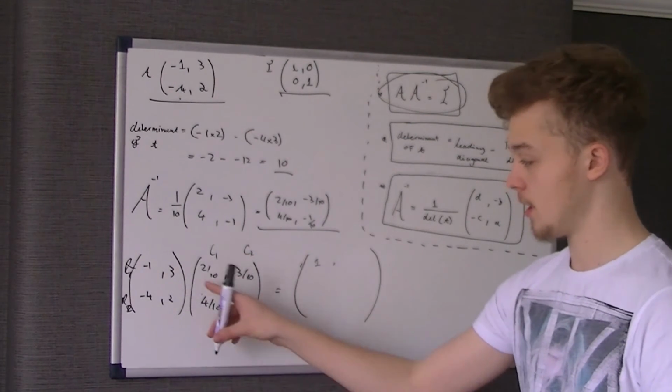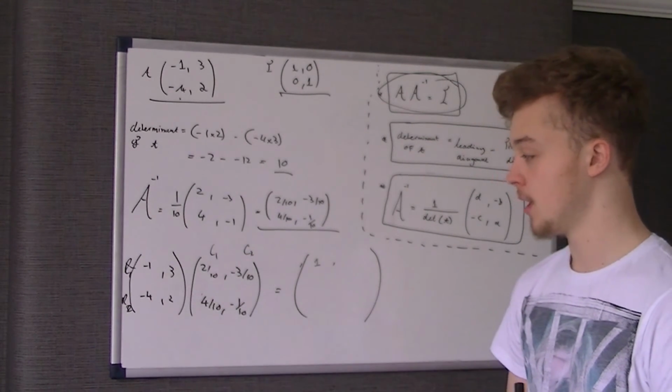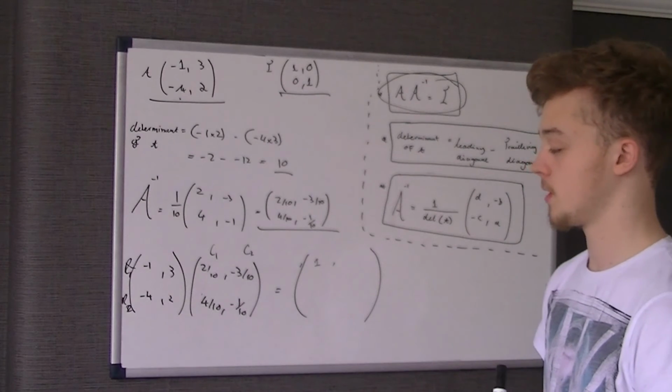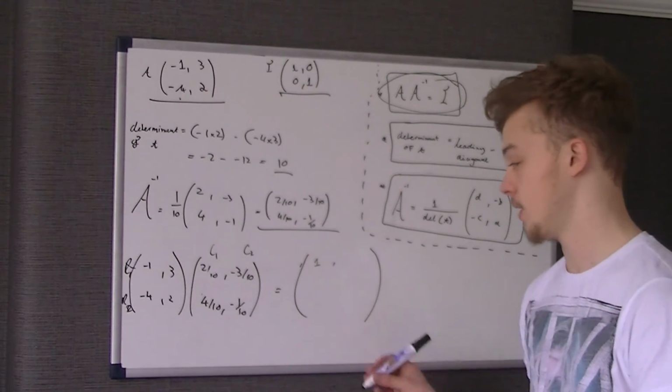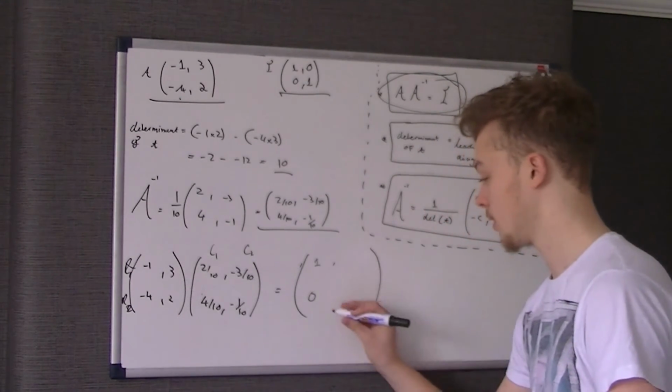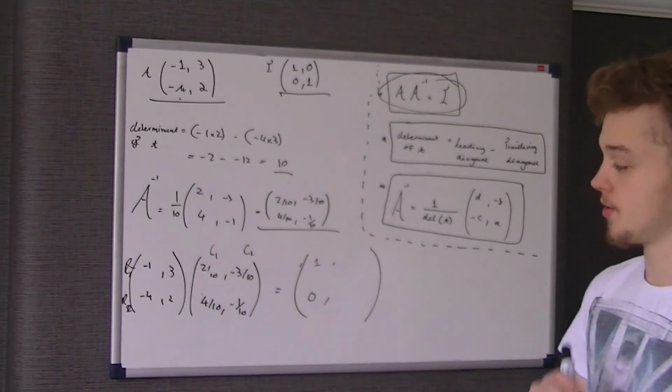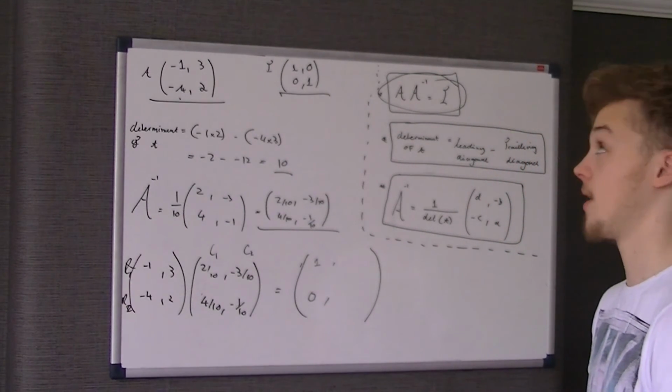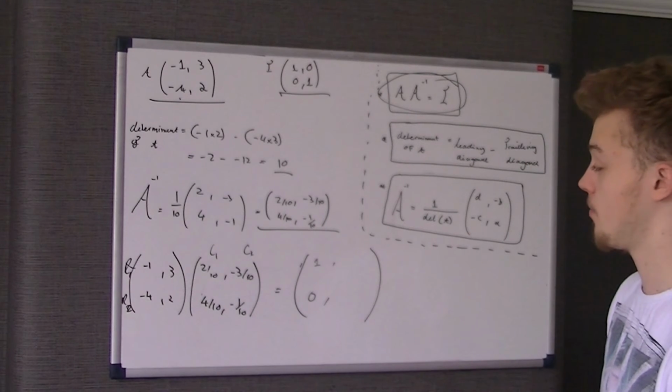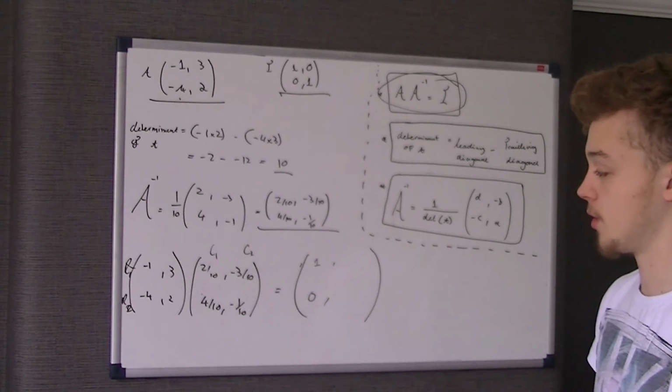So it's 2/10 times -4, plus 4 times 2, and obviously they cancel out, so you just get 0. That's negative 8/10 plus 8/10, which gets you 0. And then the top right is column 2 times row 1.